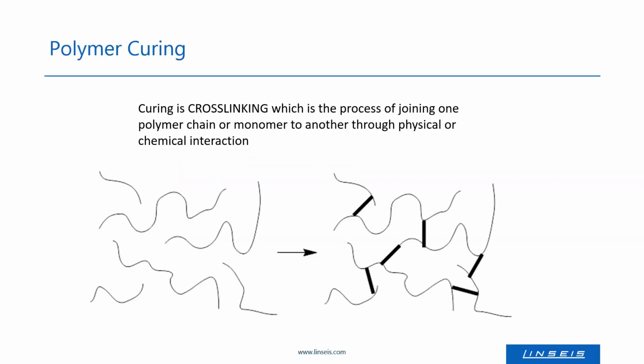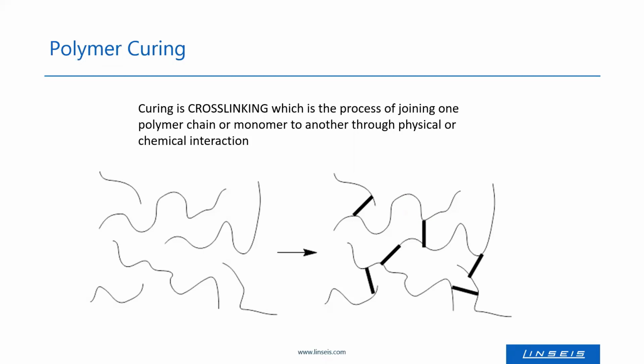Curing, what does that mean? It is cross-linking of polymer chains to form a network, as illustrated here. There are polymer chains, or at the beginning monomers, which form polymer chains, and then cross-linking occurs to form a network.